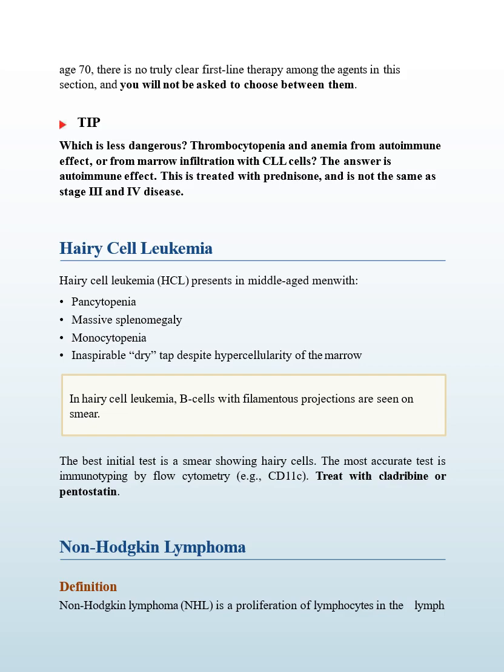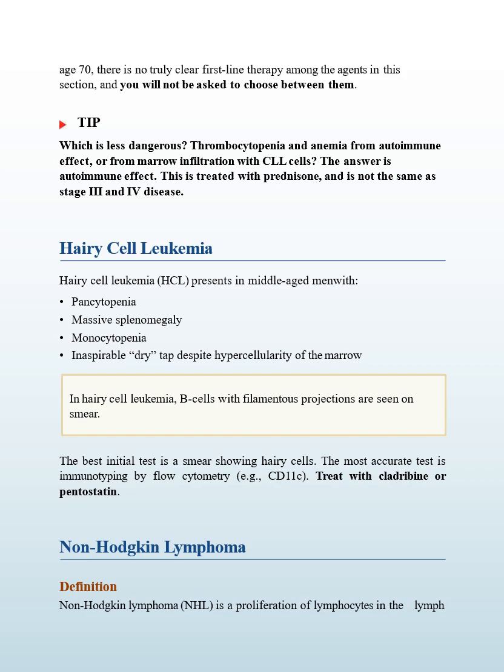The answer is autoimmune effect. This can be treated with prednisone, and it is not the same as stage 3 and 4 in stage 4 disease. Let's discuss hairy cell leukemia, or HCL.